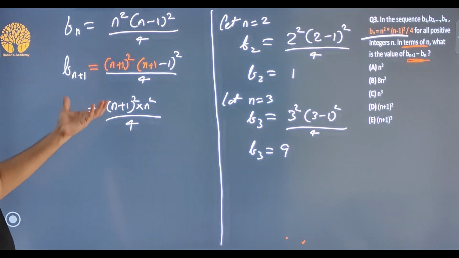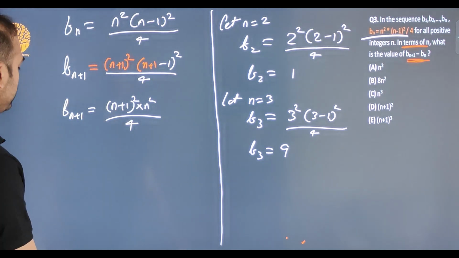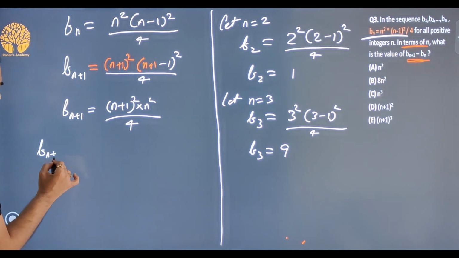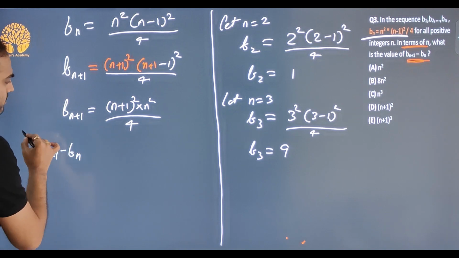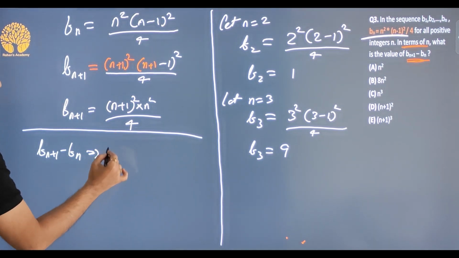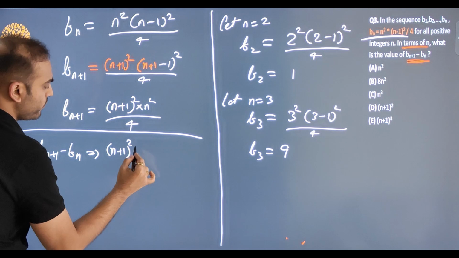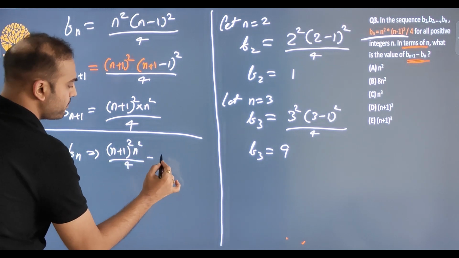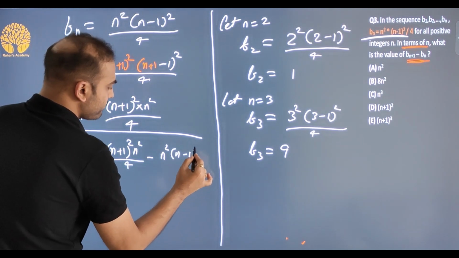So now I have bn plus 1, I have bn. The question is asking bn plus 1 minus bn, right? Which is n plus 1 the whole square into n square by 4 minus n square by 4 into n minus 1 whole square.